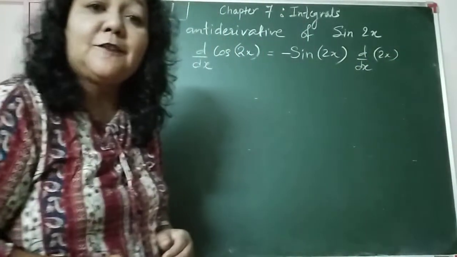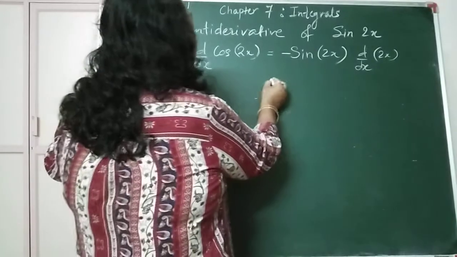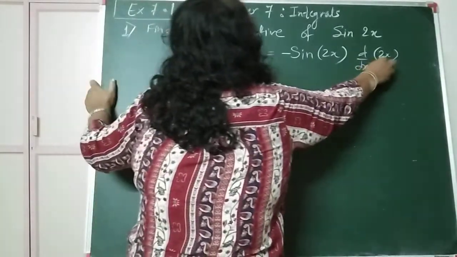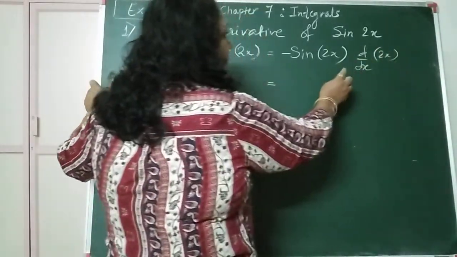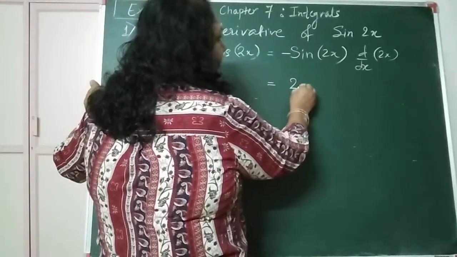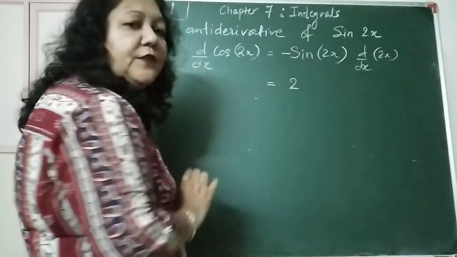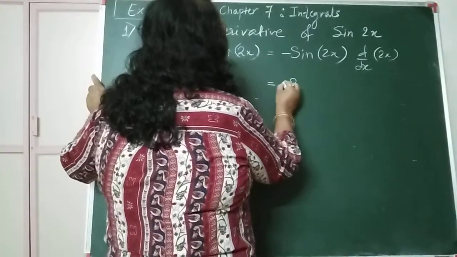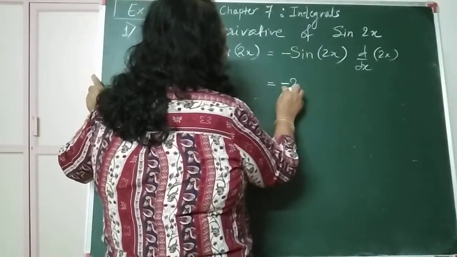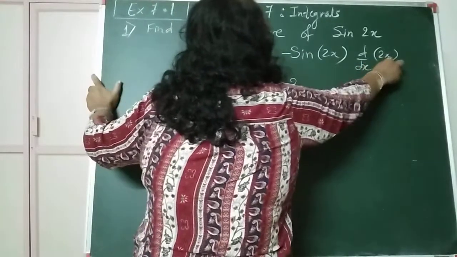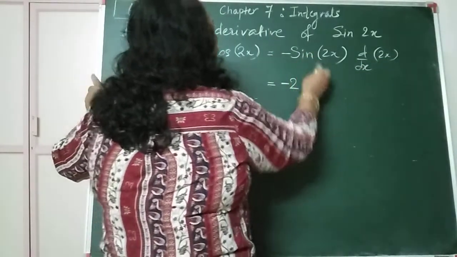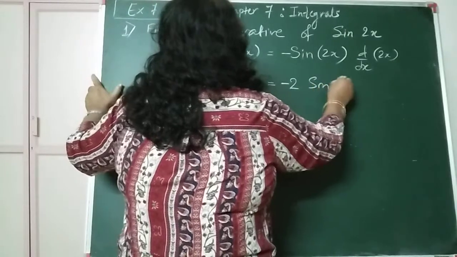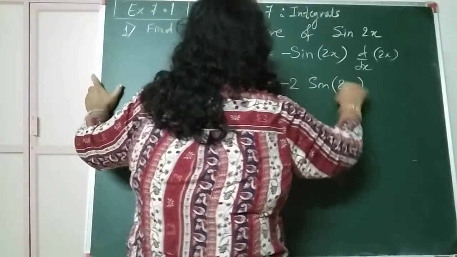What is that answer? Differentiation of 2x: 2 is a constant and x, if you differentiate, the answer is 1. So the answer is minus, this minus sign as it is, differentiation of 2x is 2, and now I write sine of 2x.